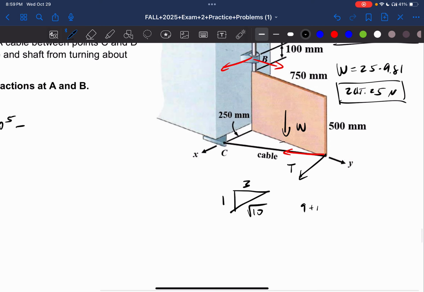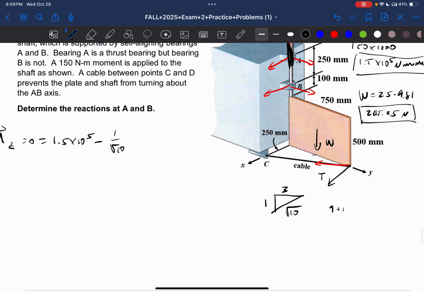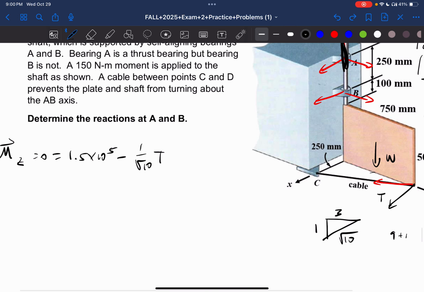We want the direction this way, which is going to be 1 over square root of 10 minus 1 over square root of 10 times the force, which is T, times the moment arm, which is this distance right here, 750.